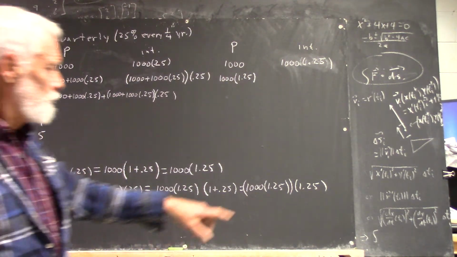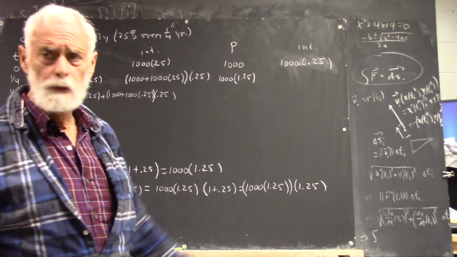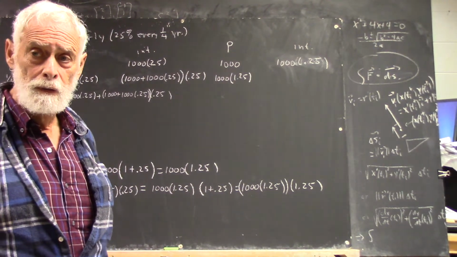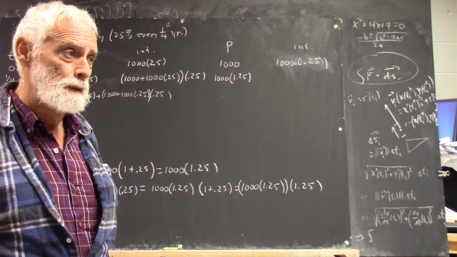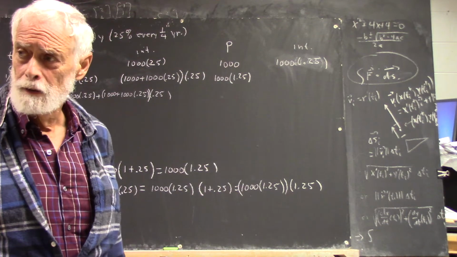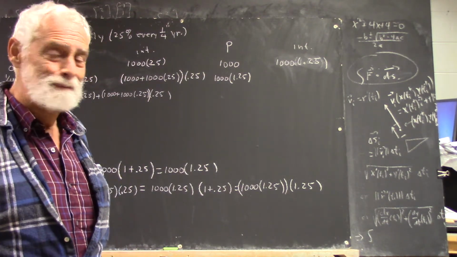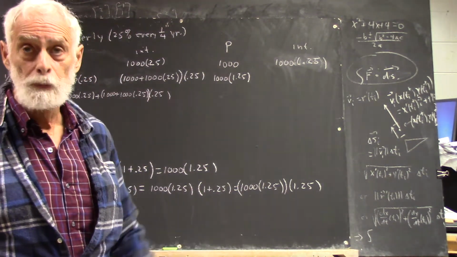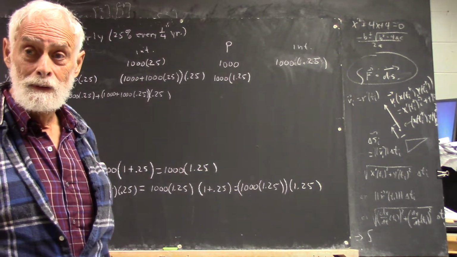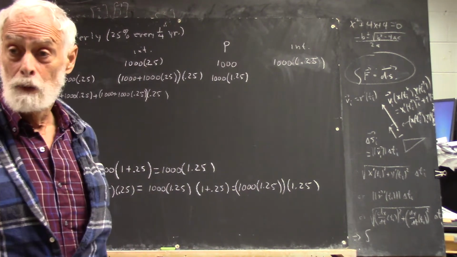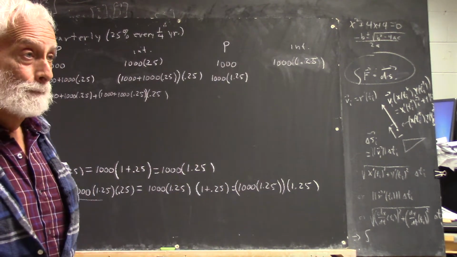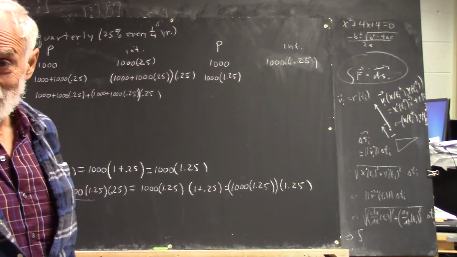Well, what's 1.25 times 1.25? No, don't calculate it. Tell me what it is. What's 1.25 times 1.25? 1.25 squared. Yeah, 1.25 squared.